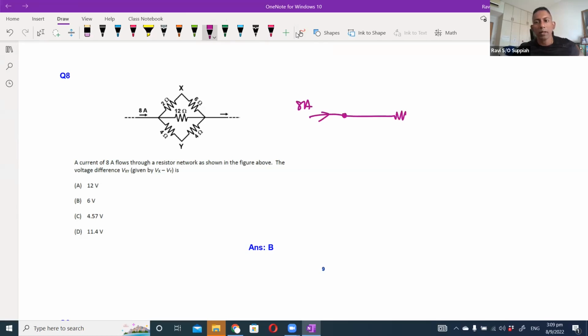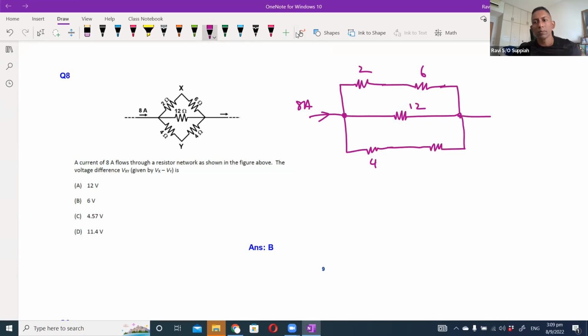So you have a 12 ohm, then you have a 2 ohm here, and another 6 ohm here. And here you have another 4 ohm, another 4 ohm. If I combine it, you can see that the top branch is 8, the bottom branch is 8.